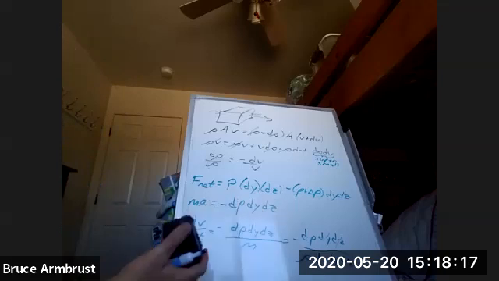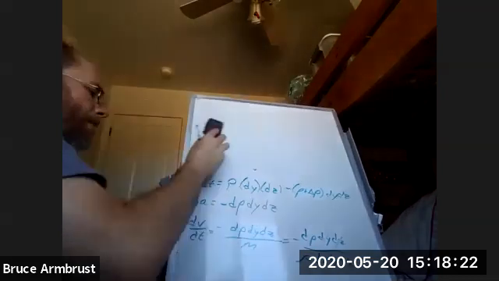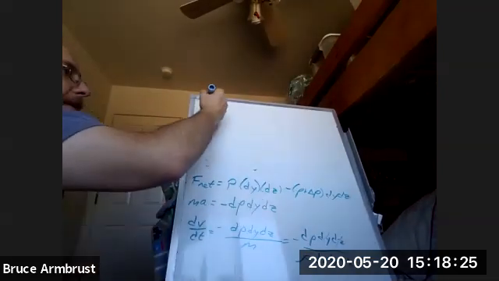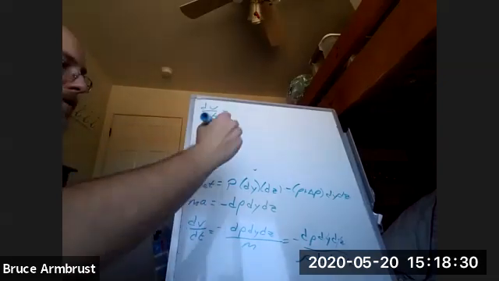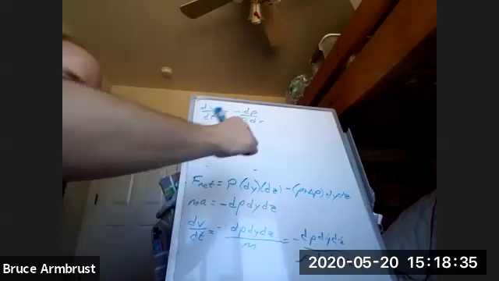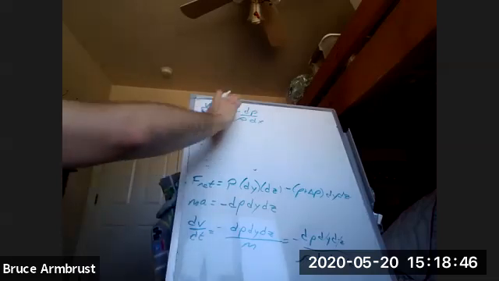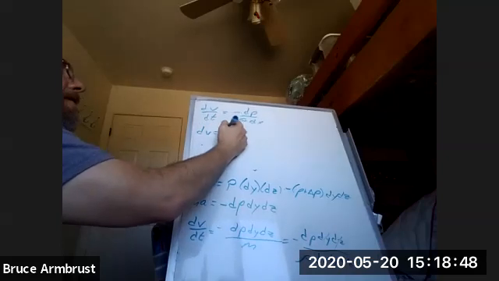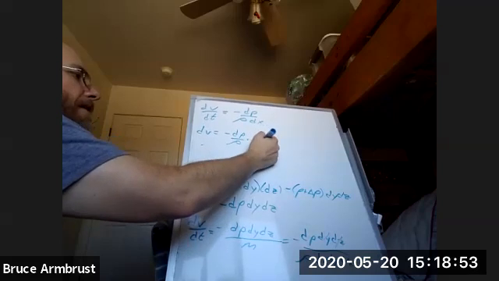So let me bring this back up to the top. We've got dv/dt, that's going to equal minus dP over rho dx. And if I multiply by the dt, I get dv is minus dP over rho times dt over dx.